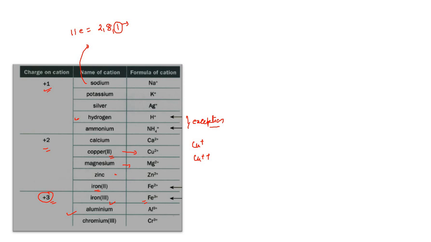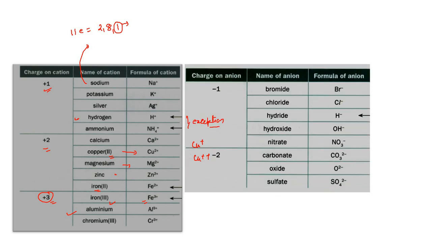Now what are the anions? Also there is a list which you can memorize, or you can think logically about why it is minus 1. Group number 7 always forms minus 1. Can you guess why?